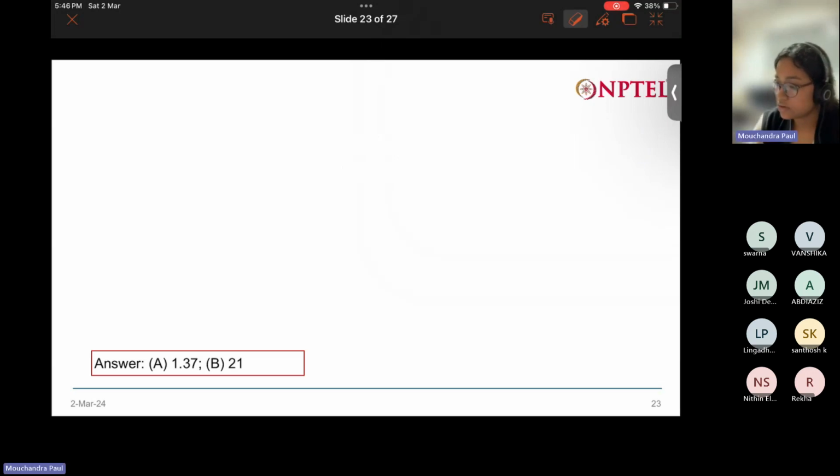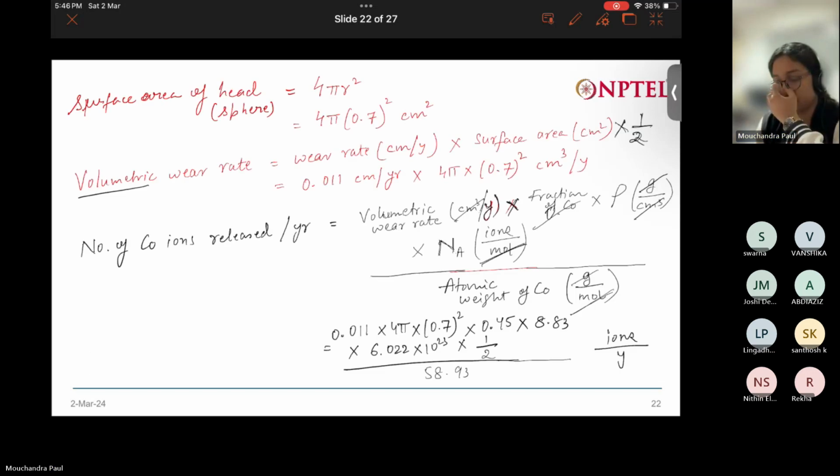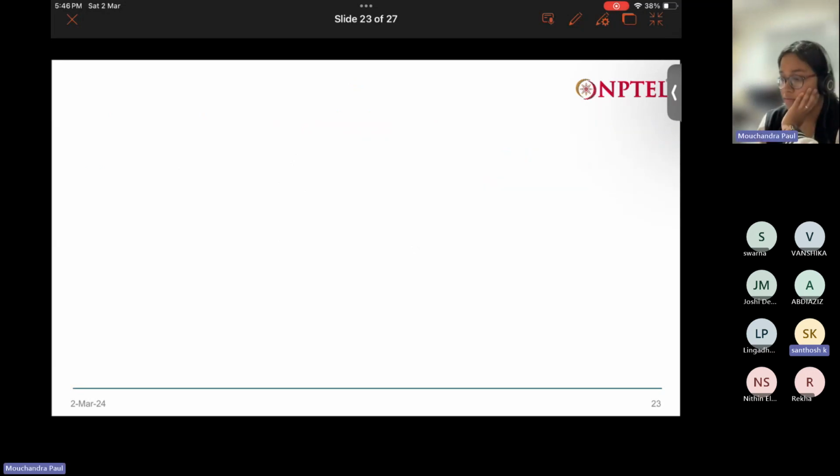So this is your new equation, where in the numerator I've multiplied by half. What value are you getting? Yes, ma'am. 0.013 into 10 power 23.